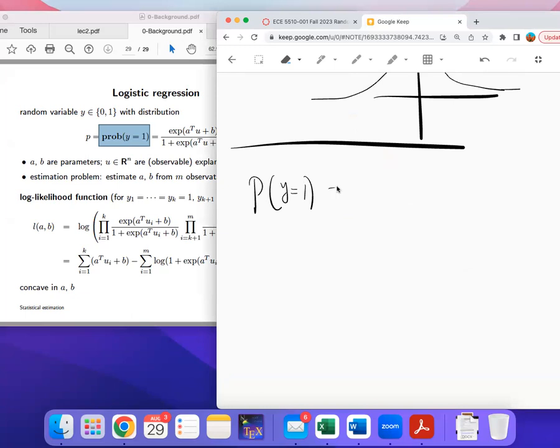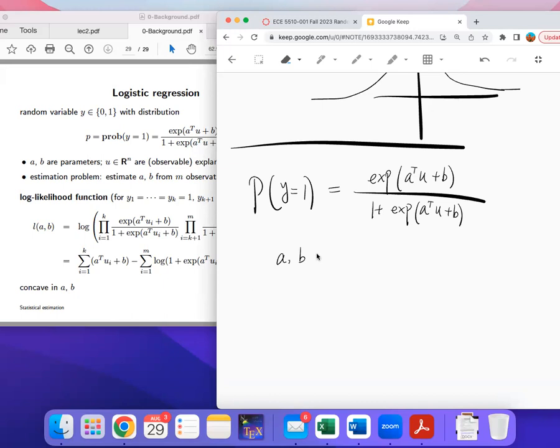So we can model the probability of y equals 1 as exponential of a transpose u plus b, divided by 1 plus this exponential. A and b are the parameters that we need to learn. If you give me a data set, we need to learn these parameters.